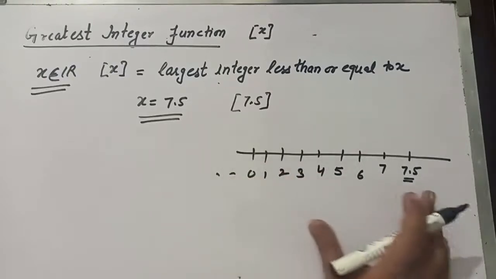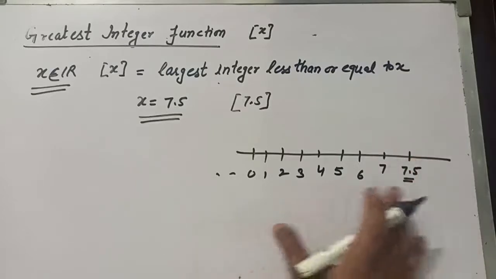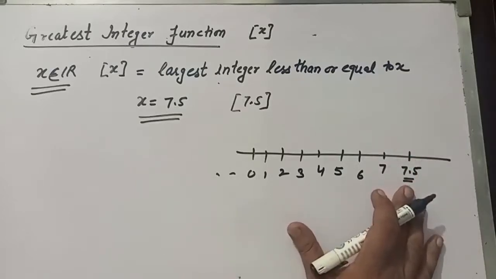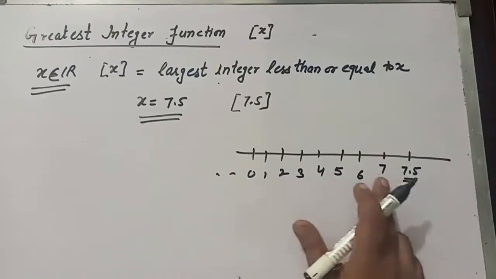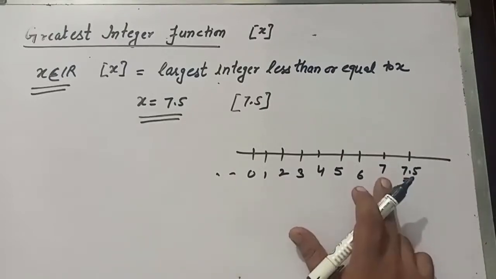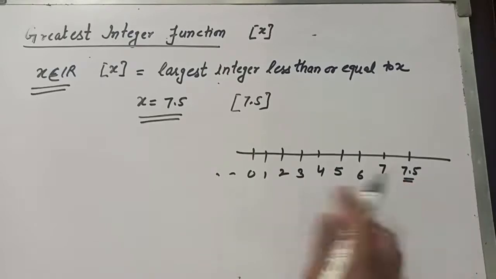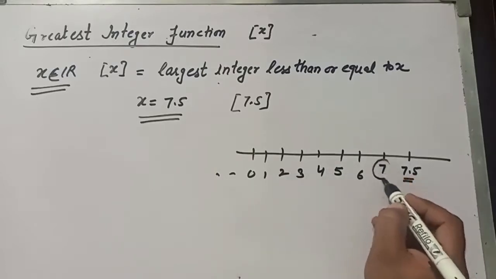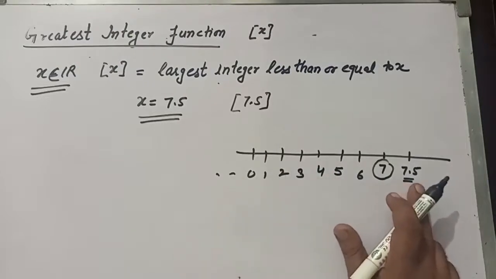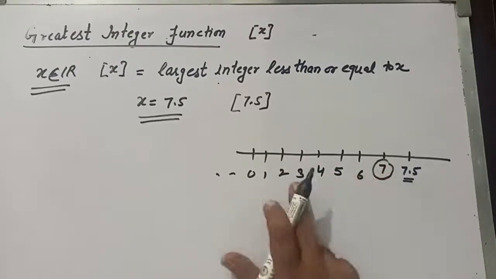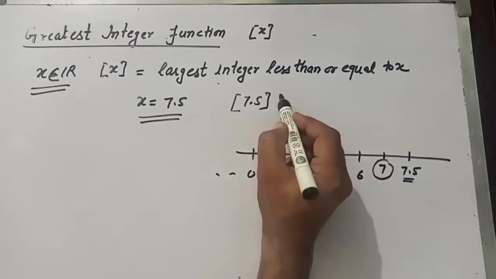Now what is the greatest among these? 7, because all these are integers less than or equal to 7.5. So the value is 7.